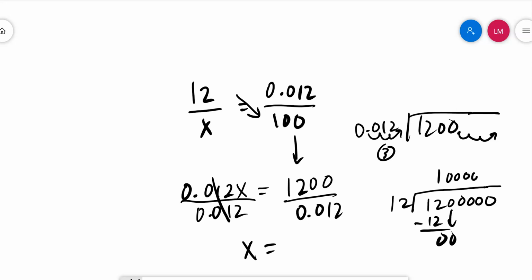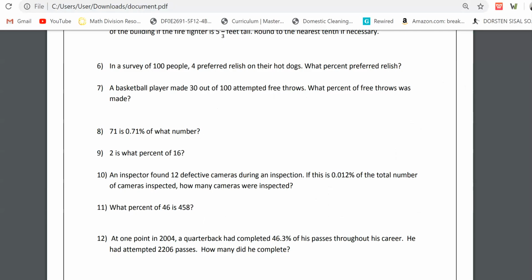The reason why I just copied it up above the division bar, or house, is because, as you can see, 12 minus 12 would be a remainder of 0. I'm bringing down all these zeros, so I would just keep getting times 0, times 0, times 0 till this finishes at the end. So the answer is they inspected 100,000 cameras. Okay, all right. Now let's go on.